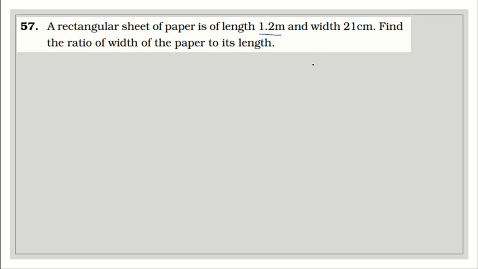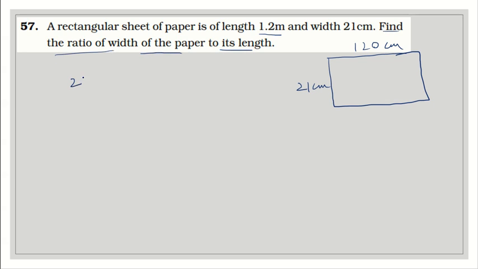So I took the length in centimeters, it is 120 centimeters, where 1 meter equals 100 centimeters, 1.2 into 100 becomes 120 centimeters, and the breadth is 21 centimeters. Find the ratio of the width of the paper to its length. Very simple, width is to length.